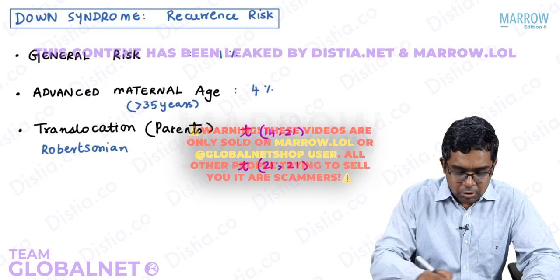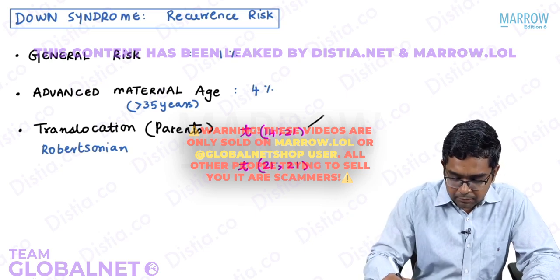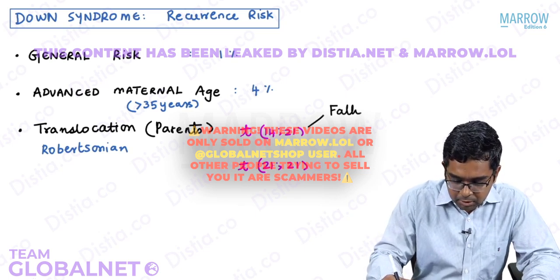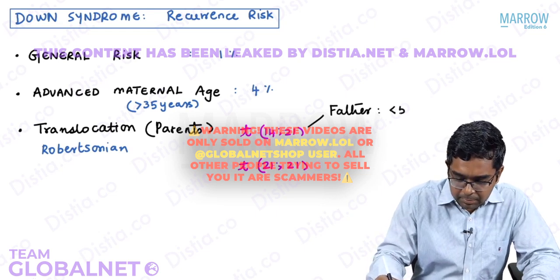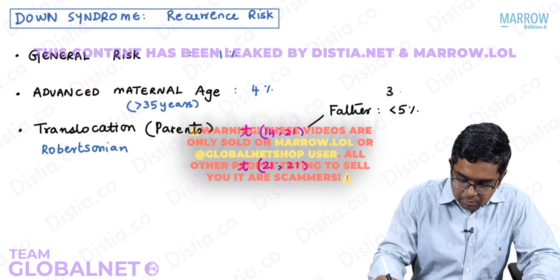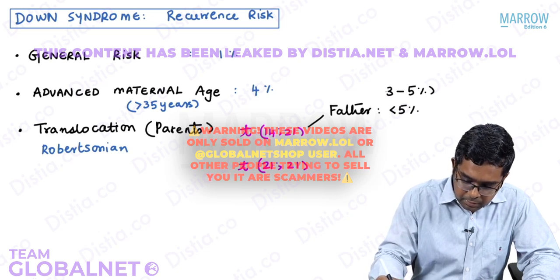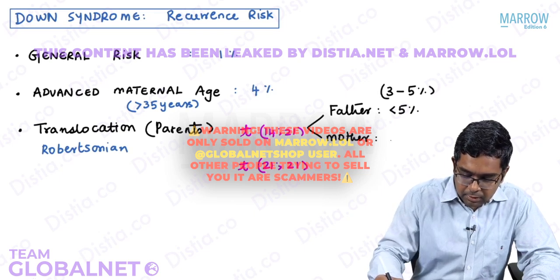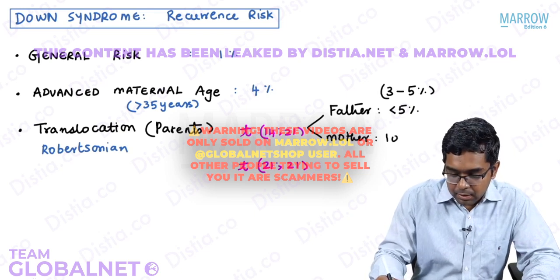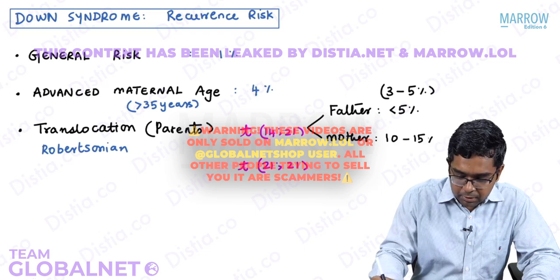If it is translocation 14-21 and if the father is carrying the translocation, then the risk of Down syndrome in the pregnancy is less than 5%. Books say around 3 to 5%. Whereas if the mother is carrying the translocation, then it is slightly increased risk, around 10 to 15%.